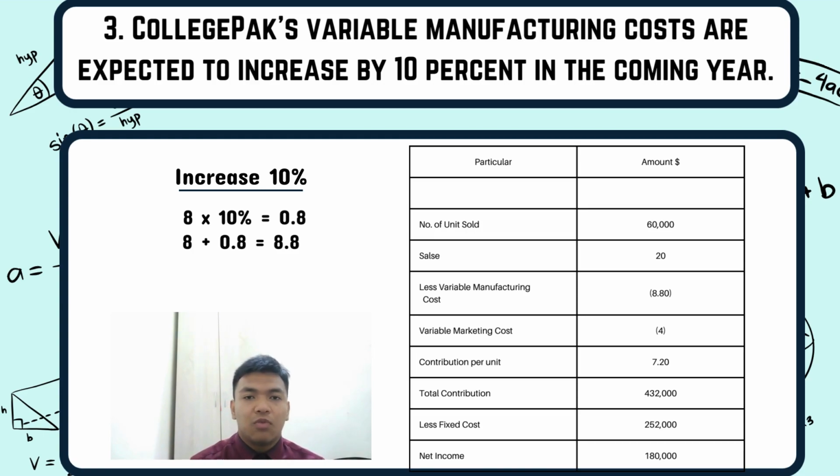So the contribution per unit changes to $7.20, and then we multiply it by 16,000, equal to $432,000, which is the total contribution. After that, we less it with fixed cost, which is $252,000, and we get the net income, which is $180,000.